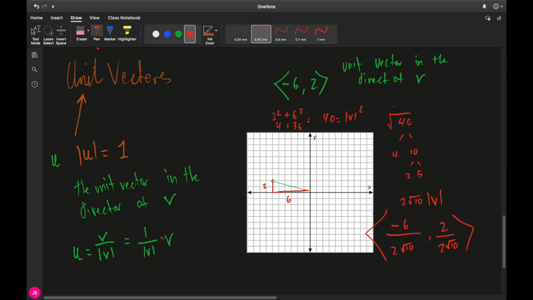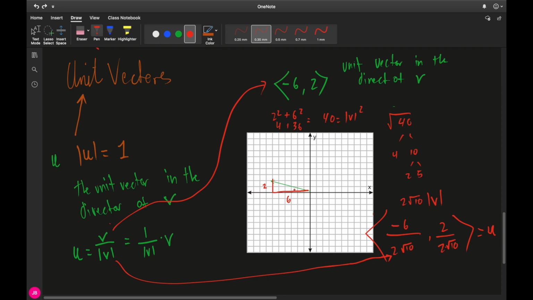Because that's what my formula tells me to do. It tells me to take my vector v, which is right here, and divide it by my magnitude, which I just found using the Pythagorean theorem. So this is actually going to be a unit vector in the direction of vector v.